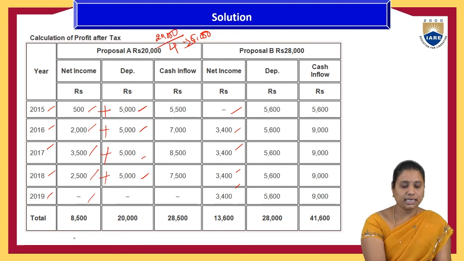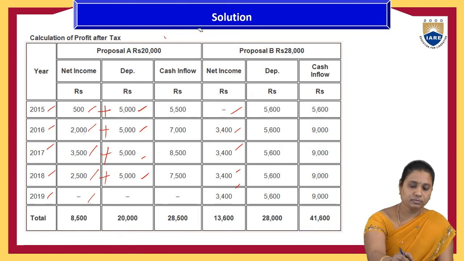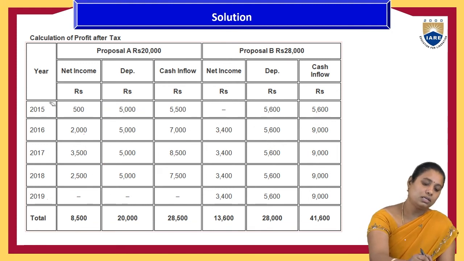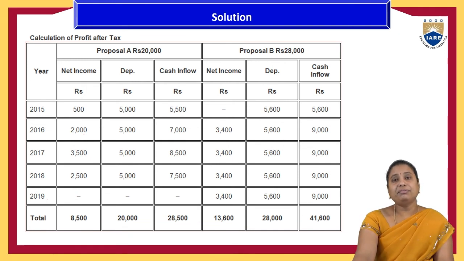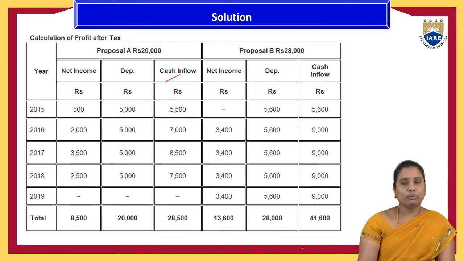The total of the net income and the depreciation is going to be 28,500, 41,600. We have not yet calculated any NPV values. We have just calculated the net cash inflows now.